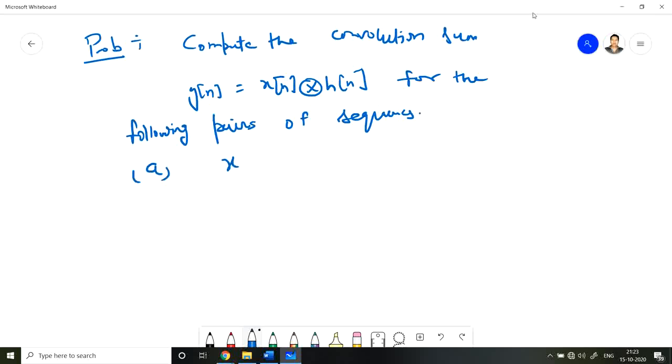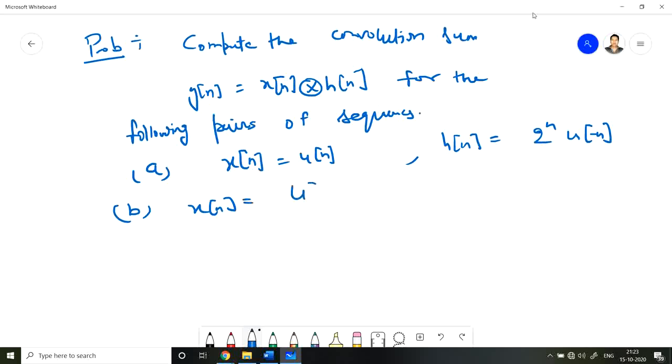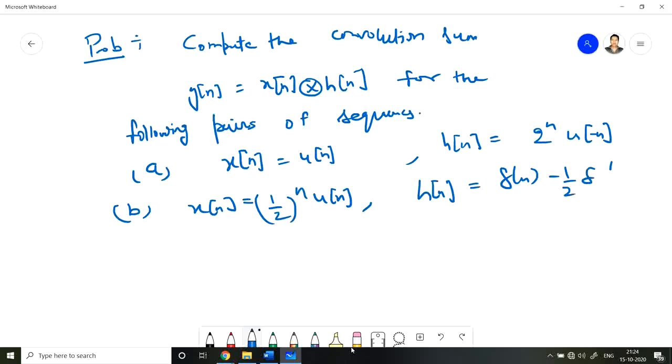The first part is x[n] equals u[n] and h[n] equals 2 raised to the power n times u[-n]. The second part is x[n] equals (1/2) raised to the power n times u[n], and h[n] equals delta[n] minus 1/2 delta[n-1].